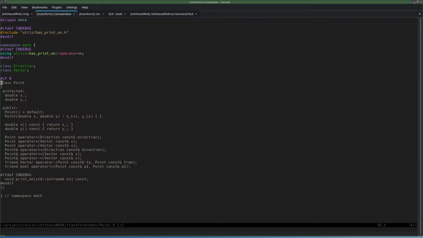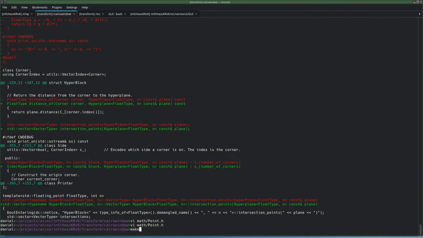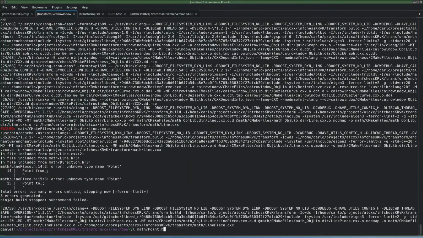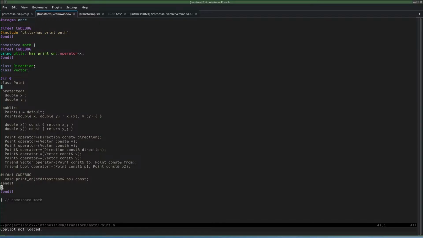We don't have that. Which totally stops everything from compiling. Just case in point. Unknown type name point. However, well, okay, we'll say using Point, and then we're going to use this, and then of course it doesn't compile either, because, well, what header do I use for that? I need a header now.